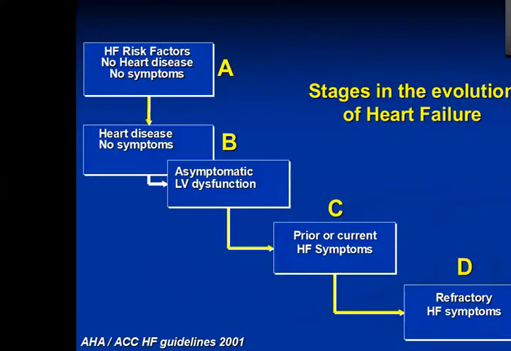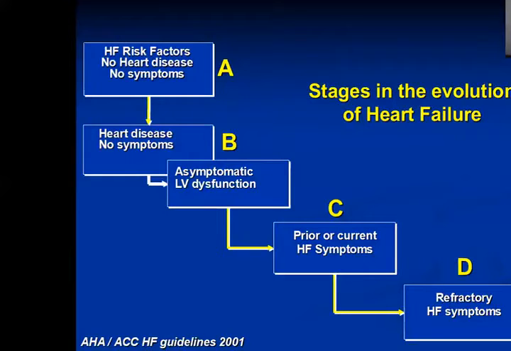And let's come to the stages of heart failure. These are the various stages when you're placing your patient at different stages. Now see, even stage A is heart failure where you have no symptoms of heart failure, just risk factors. Stage A: heart failure risk factor, no heart disease, no symptoms.